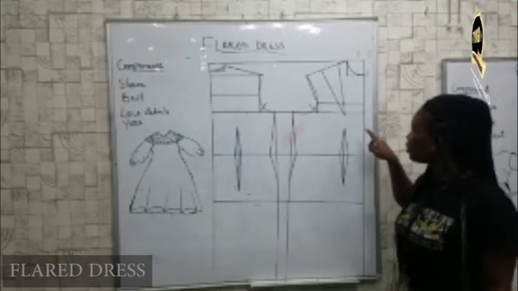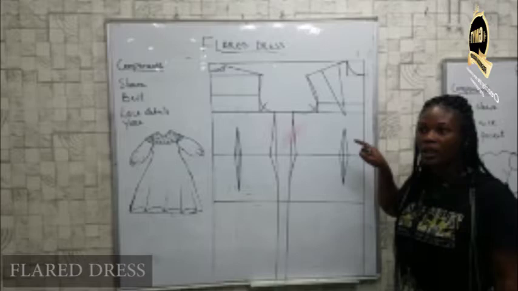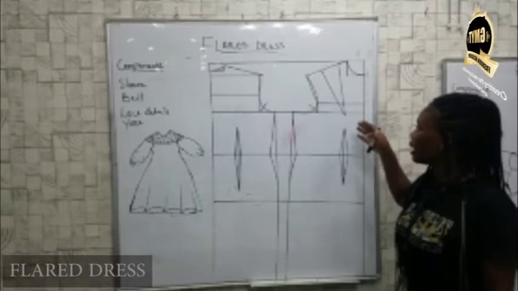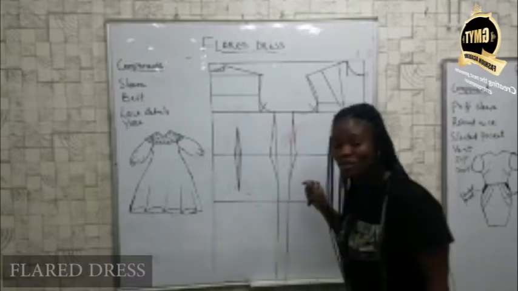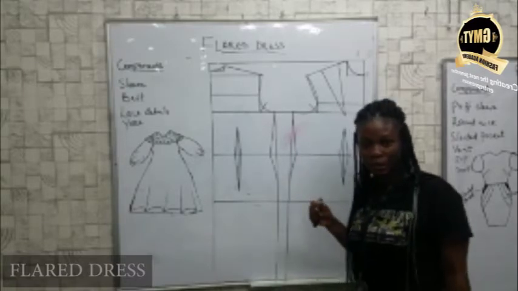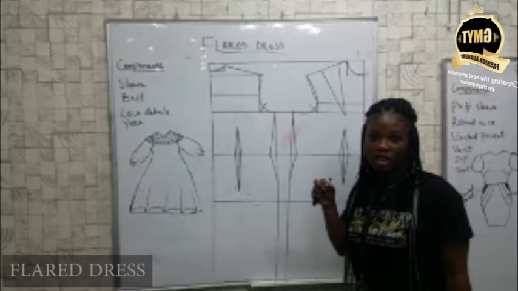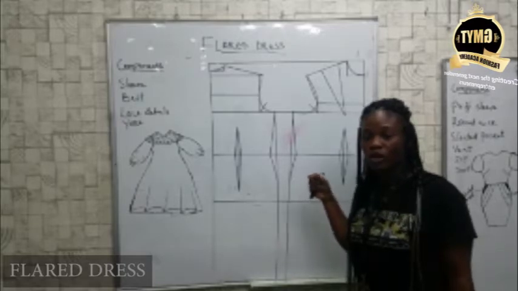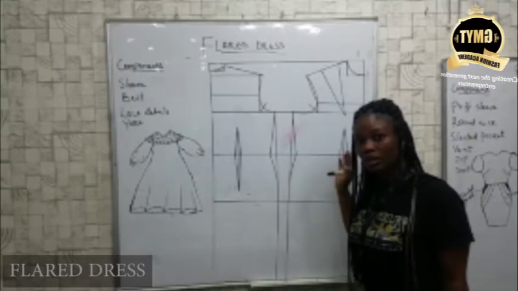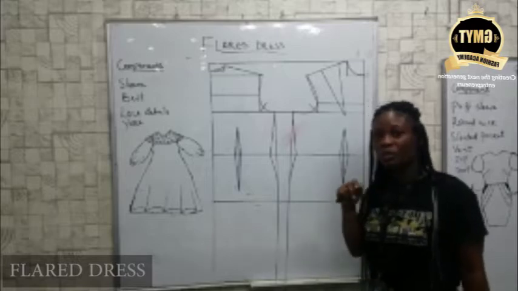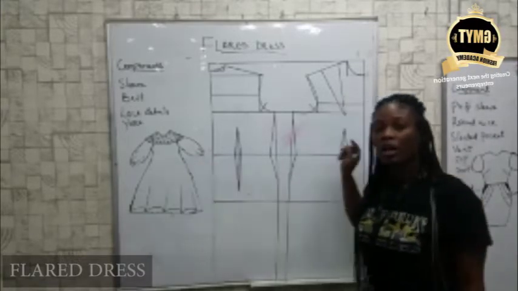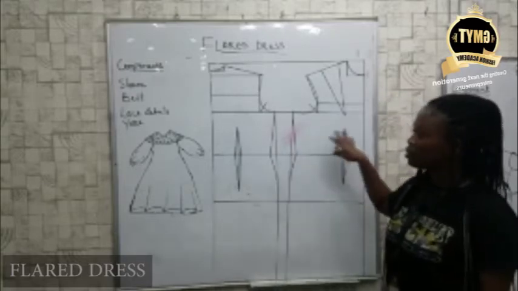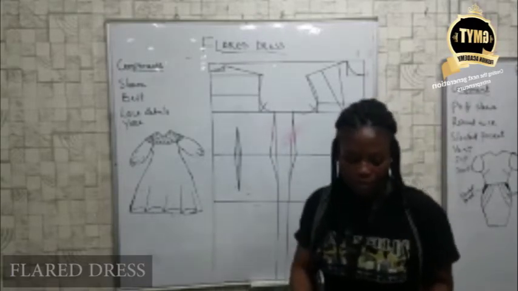In the process of turning my dart into flare, I will need to draft it on a pattern paper, just to show you the illustration on how to turn your dart into flare. But right now we are still doing styling, interpretation of this style on the body's pattern. So that's what we are going to do right now.